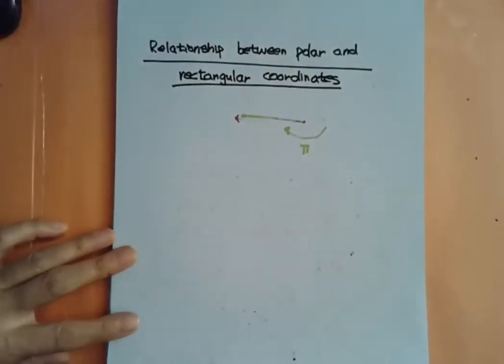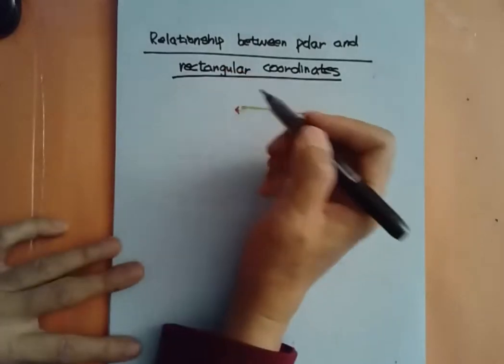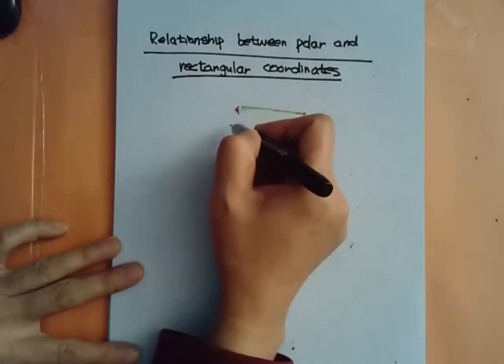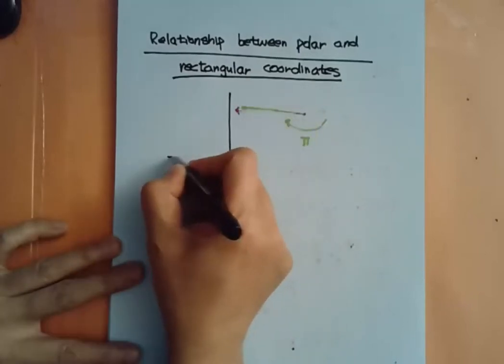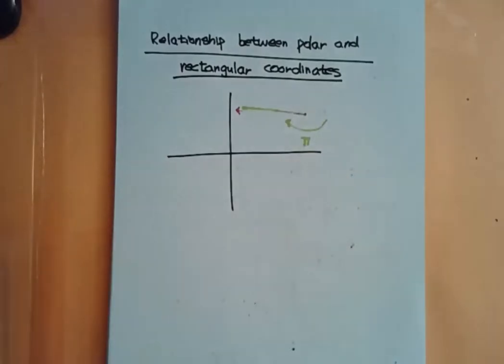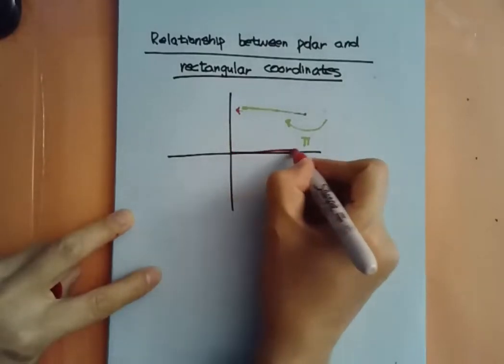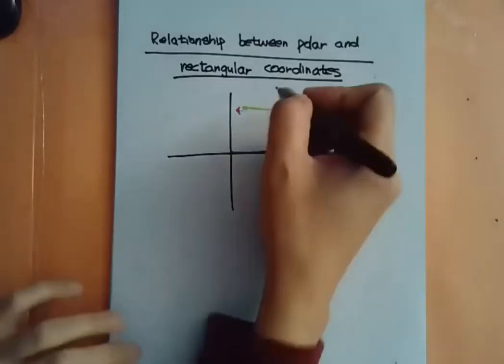The way I presented the polar coordinate was by embedding the polar coordinate in the rectangular coordinate system. So this time we want to explore the relationship between polar and rectangular coordinates, and how we can convert polar to rectangular coordinate and rectangular coordinate to polar coordinate.